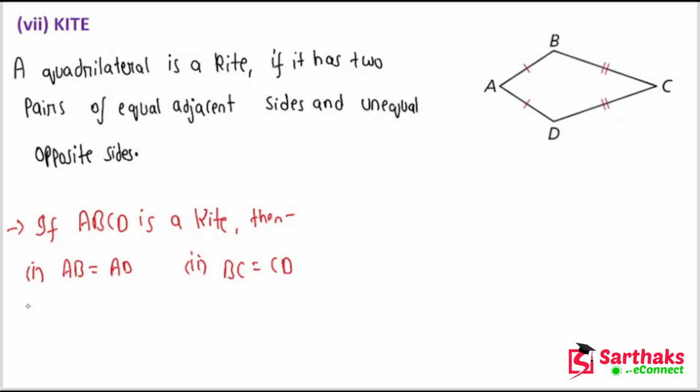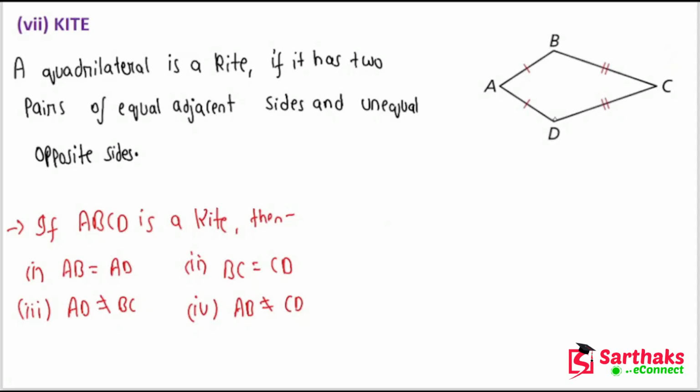Third condition is that AD is not equal to BC, because they form a pair of opposite sides which are unequal, as the definition says. And similarly, the fourth condition, side AB is not equal to CD. Again, AB and CD are opposite sides in a kite and they are unequal.